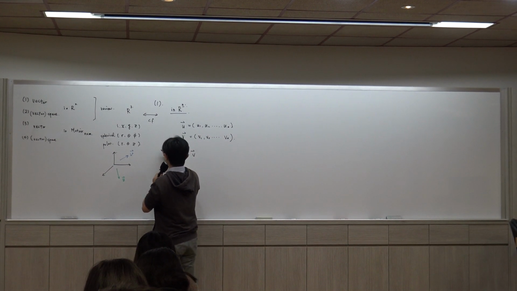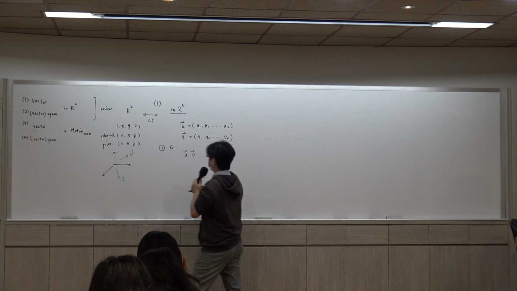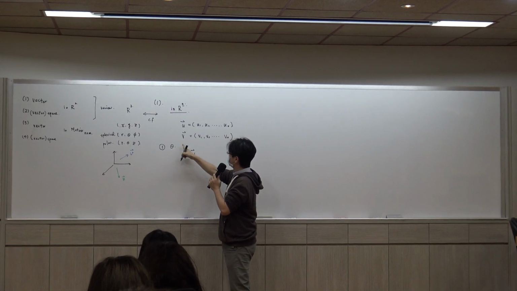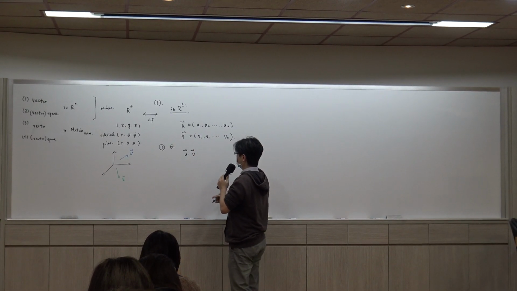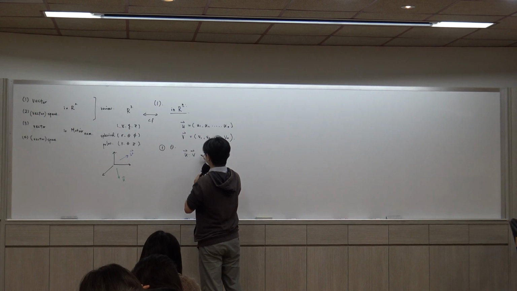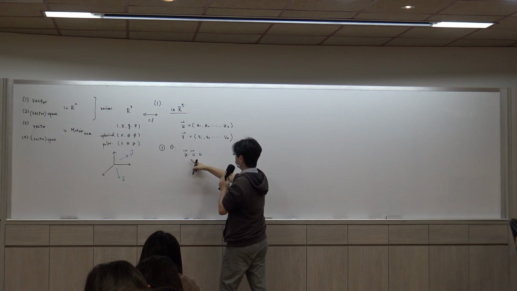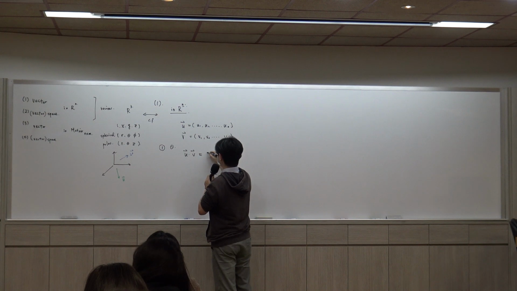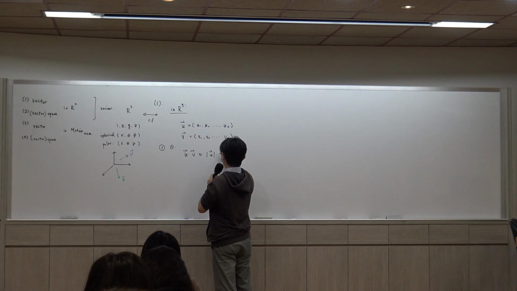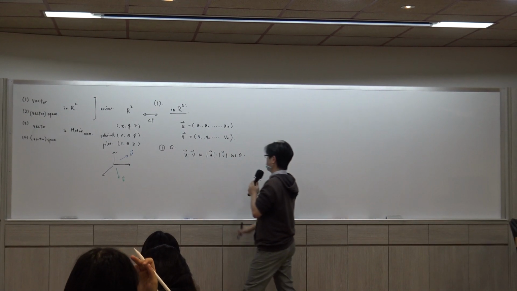the first issue is the angle between the two vectors. So we can use the relationship, the formula u dot v equals the magnitude of u times the magnitude of v times cosine theta.